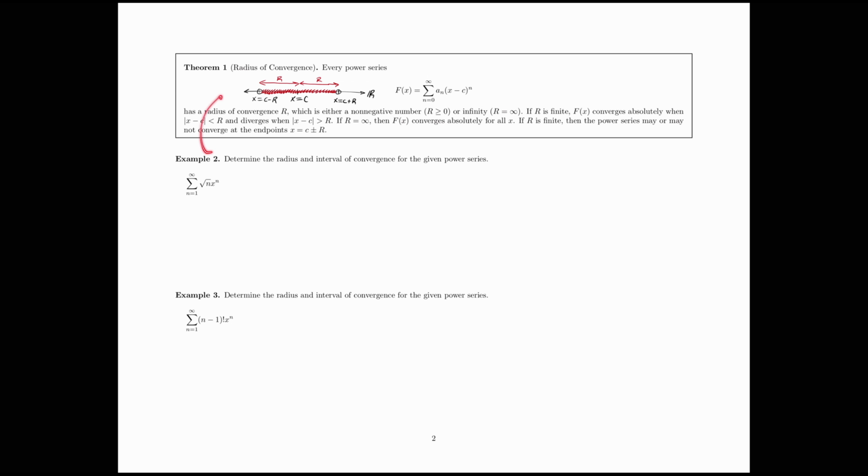So in this example up here, our interval of convergence I is some subset, or proper subset, we're allowing for that, of the interval between c minus R and c plus R. Now, the true interval of convergence I may exclude both endpoints, or maybe we include one and not the other, or vice versa.